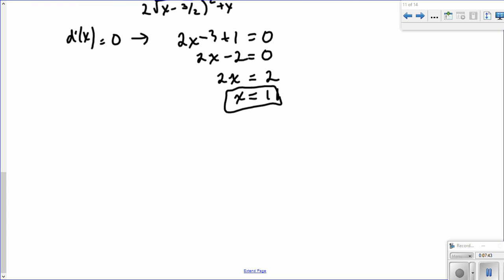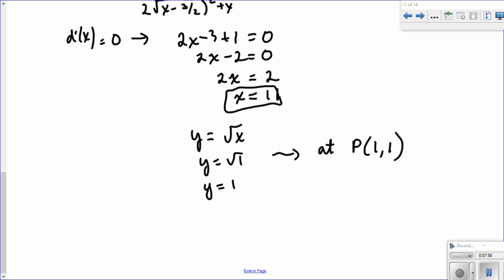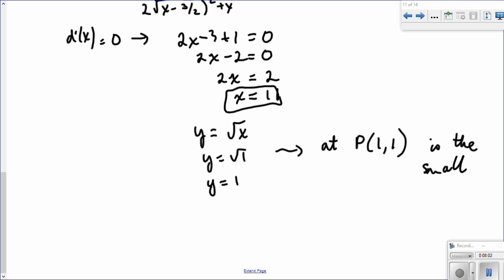That's the point (1, 1) as an ordered pair. P(1, 1) is the smallest distance, and that's what we found.